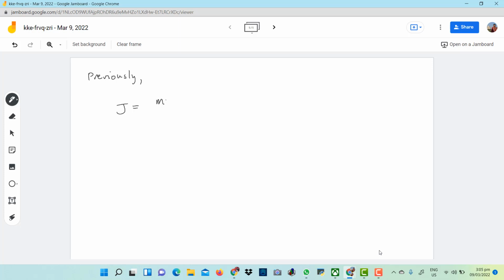We have m vx x1 over 2, plus the second term, which is your assignment, no? Eta, not n but eta, pi square over 4x1, minus the potential x1 over vx. So this is our expression of our J.